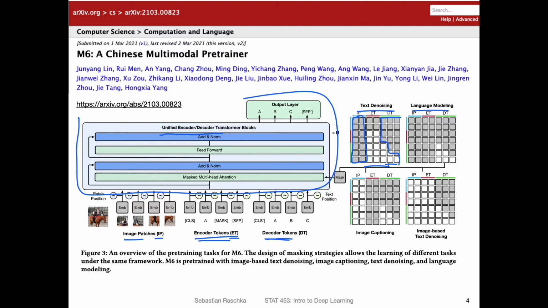For language modeling, there are only the decoder tokens. And for image captioning, they use, of course, the image patches together with the decoder tokens and so forth. So in this way, based on the task, they use different types of inputs. They have this masking strategy, and with that, they are able to train one single model essentially.